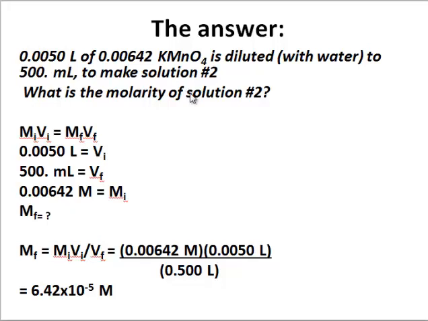What is the molarity of solution 2? Now we know M_I V_I equals M_F V_F. We identified 0.0050 liters as the initial volume and 500 milliliters as the final volume. 0.00642 molar is the initial molarity, and we're trying to find the final molarity after dilution.